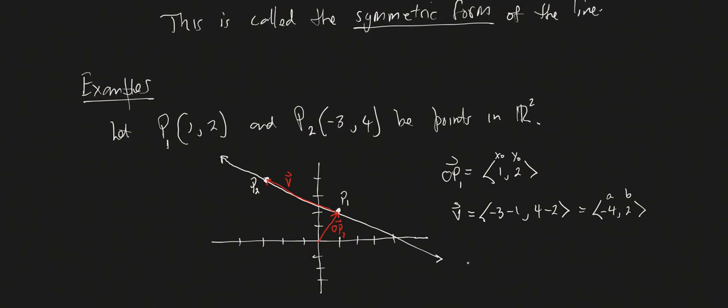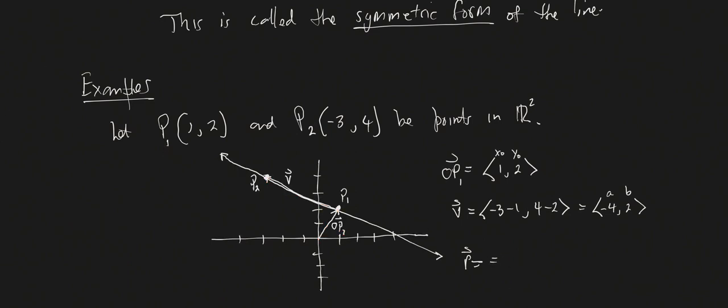So now let's write down the vector equation. So let's do r is equal to the vector (1, 2), plus any scalar multiple of the vector (-4, 2).